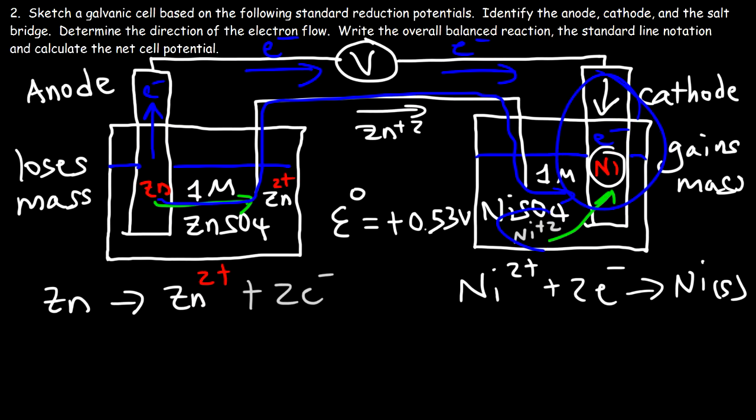However, the nickel 2 plus ions will have a stronger affinity for these electrons than the zinc 2 plus ions. So until all of the nickel 2 plus ions get to the cathode, none of the zinc ions will go on it, but they will be attracted to it. So they're going to travel in that direction because they do have a positive charge. So the cations will flow towards the cathode.